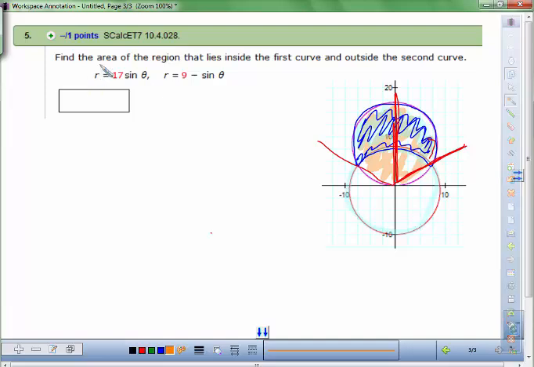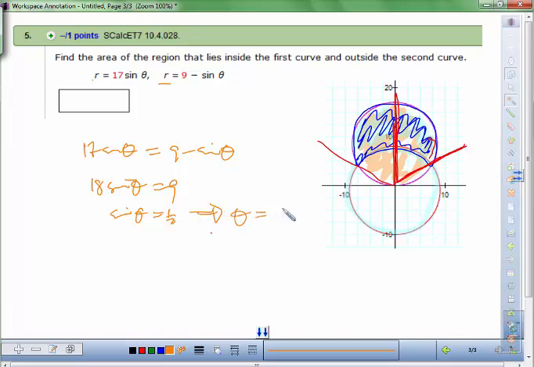Okay, so if we set them equal to each other, they're both equal, so we could say 17 sine theta is equal to 9 minus sine theta, and then see how we can work with this. If we solve for sine, bring the sines together, this becomes plus 1, so that's 18 sine theta is equal to 9, so sine theta is equal to 1/2, and that turned out nice.